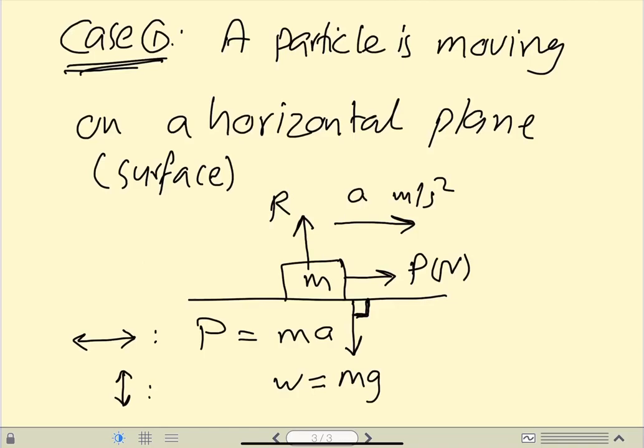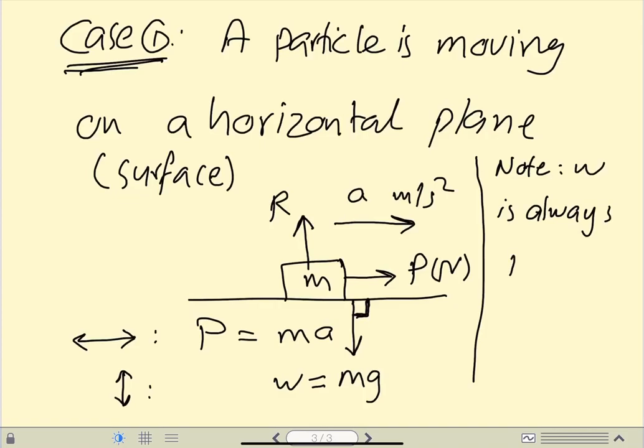Very important note, weight is always perpendicular, makes 90 degrees, a right angle, to the horizontal.